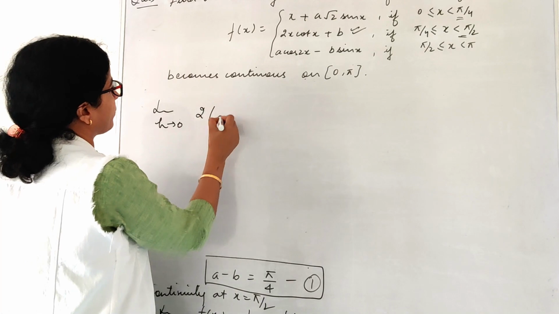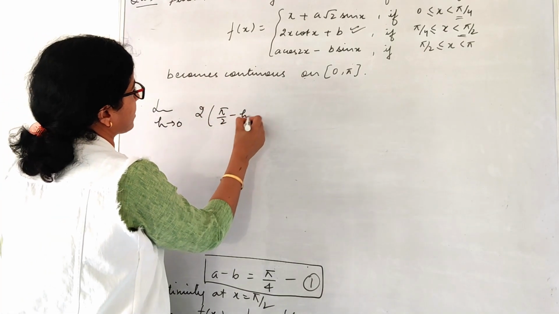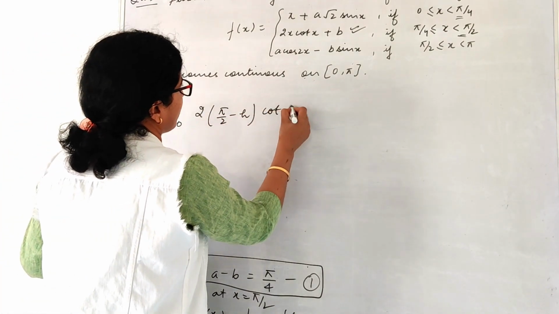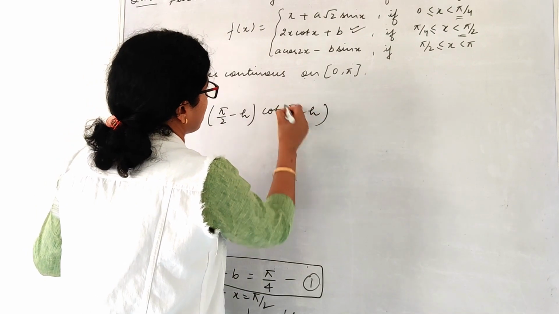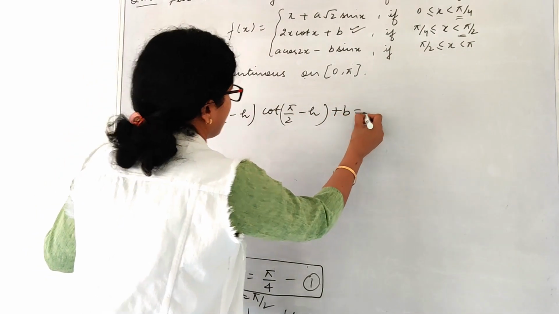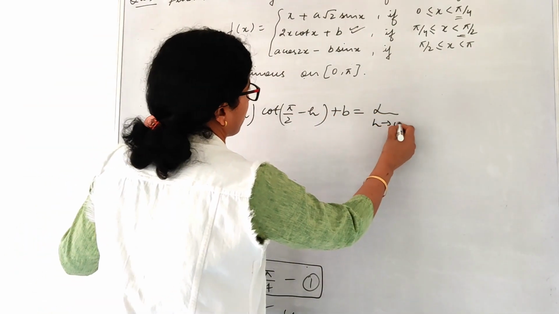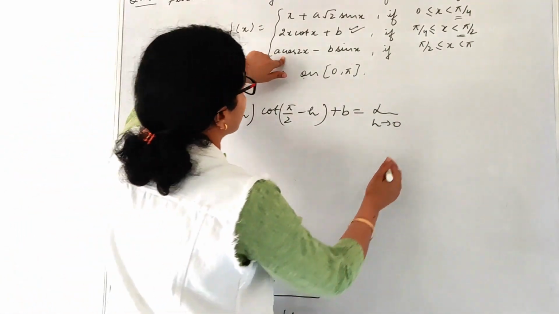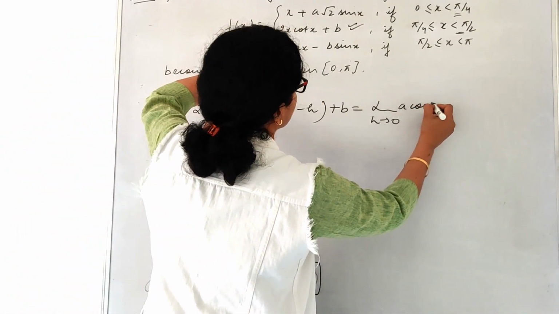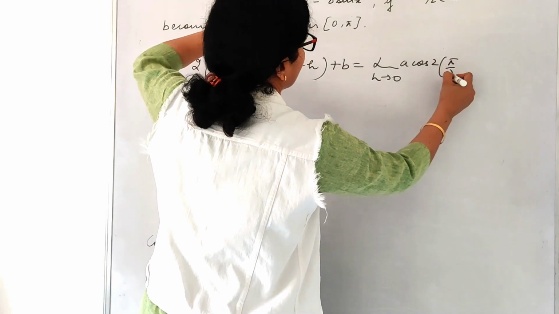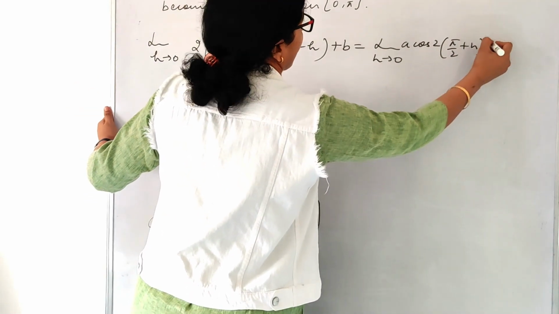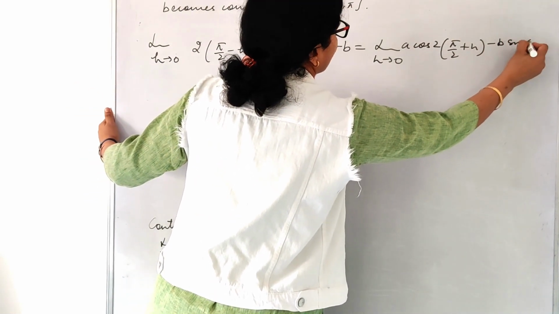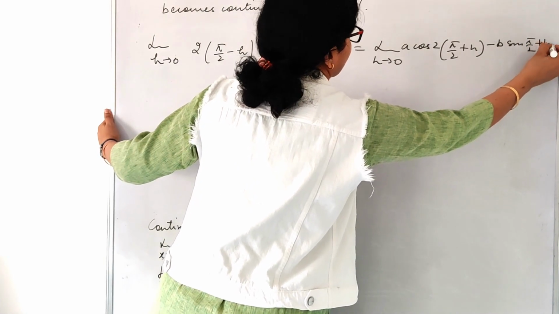So 2 (pi by 2 minus h) cot (pi by 2 minus h) plus b equals limit h tends to 0. Pi by 2 plus h means this function will come. So a cos 2 (pi by 2 plus h) minus b sine (pi by 2 plus h).